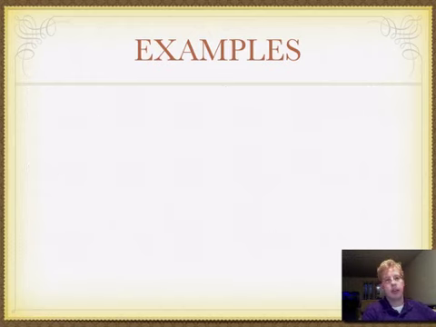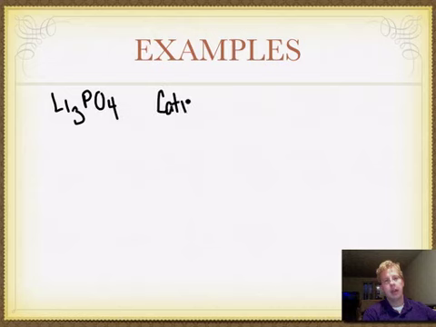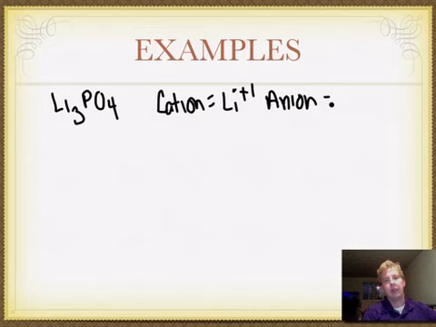For our last set of examples, we're going to look at a polyatomic ion. If I gave you Li3PO4, in this case we know what lithium's charge is going to be, and lithium always has a charge of +1. For phosphate, if you notice, it's got more than one element involved with it.